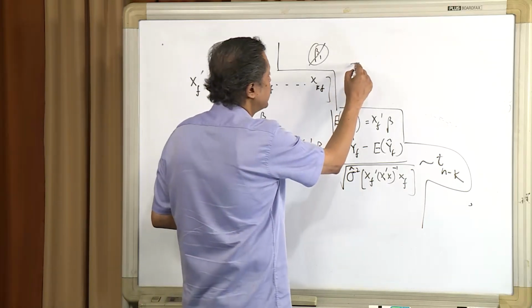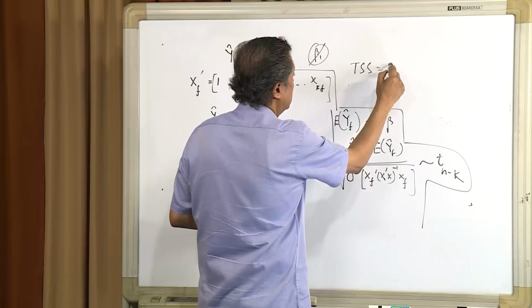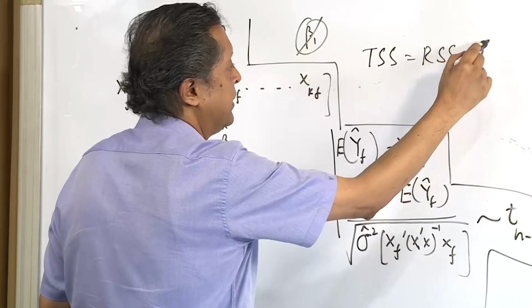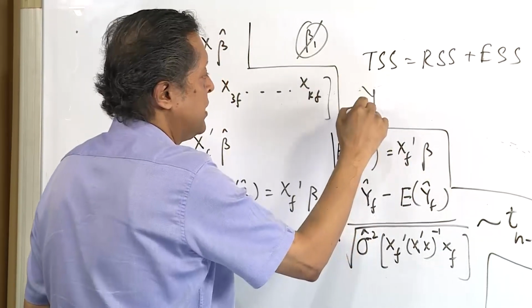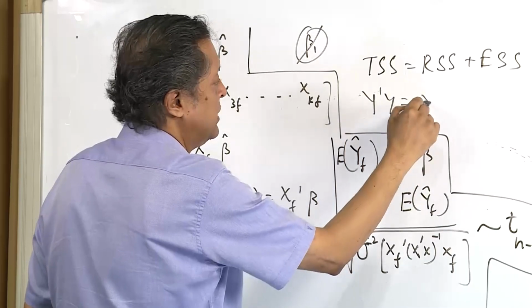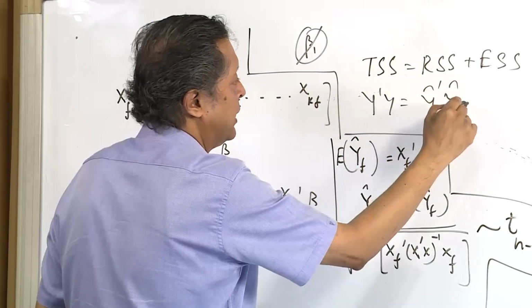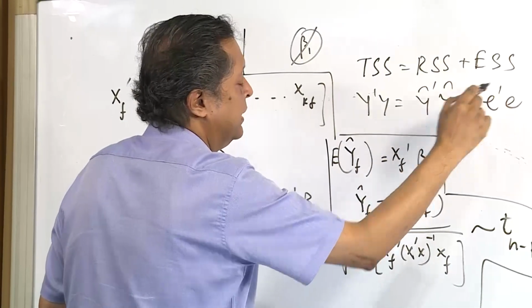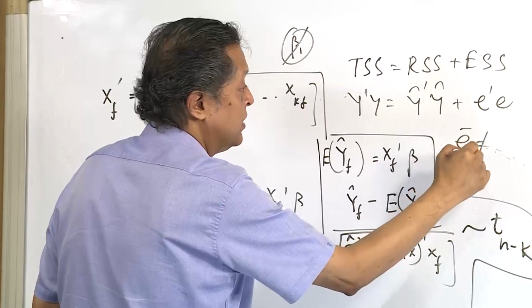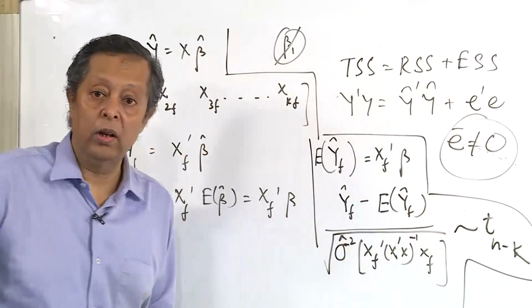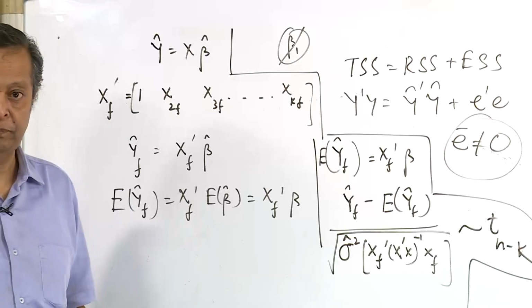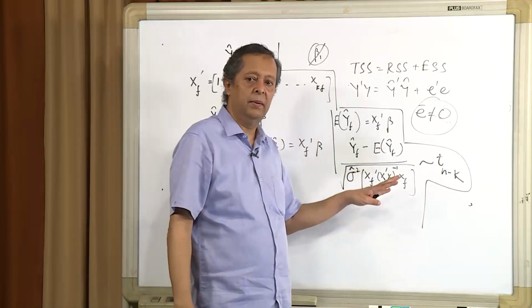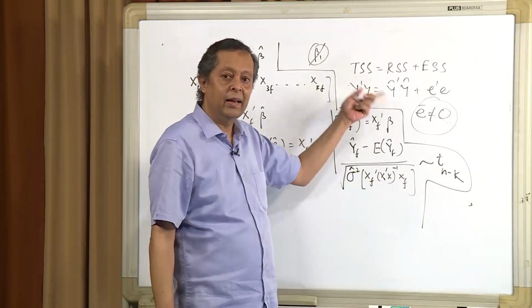So, TSS is equal to RSS plus ESS is expressed as y prime y is equal to y hat prime y hat plus e prime e. And remember, here e bar is no longer equal to 0, because we do not have the first normal equation.